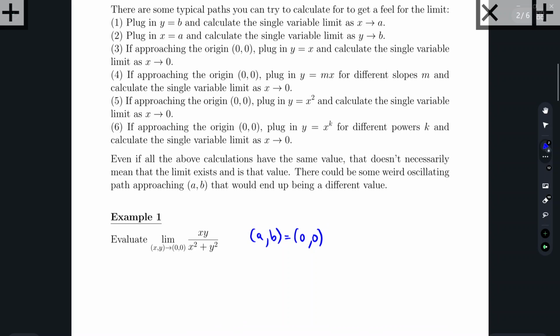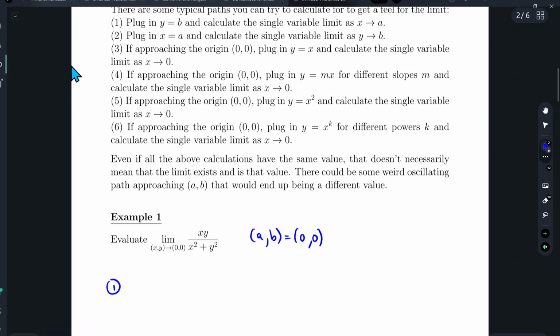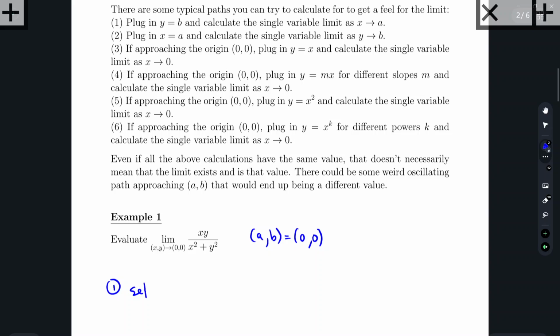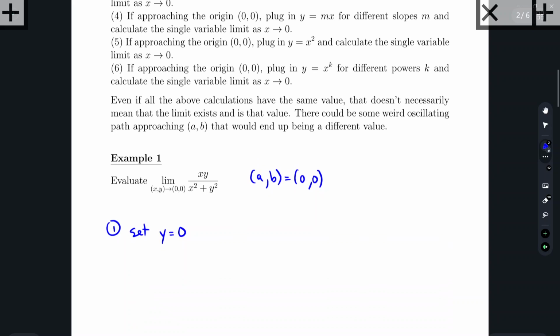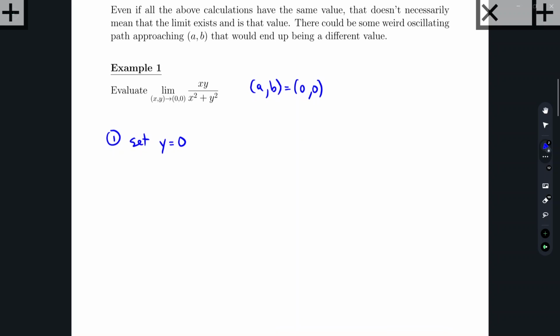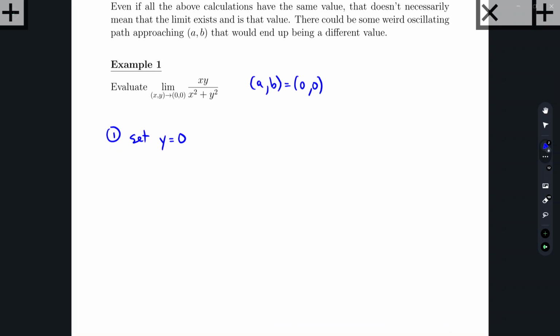Okay, so if I apply the first path here, right, so b is equal to 0, so we set y is equal to 0. So let me scroll a little bit so I have more space, right? So we're setting y equals 0 into the limit. So if I just plug in directly into the function, what does it look like?